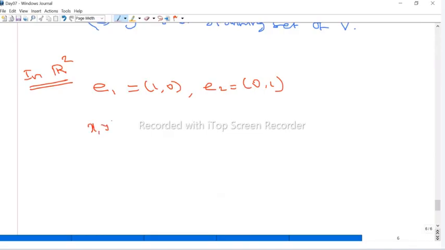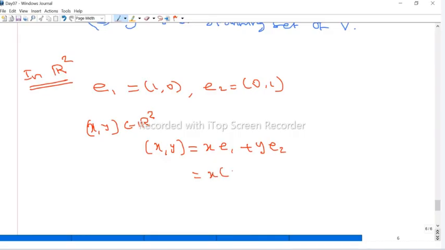That means if we take any element (x, y) in R2, we can write (x, y) as a linear combination of e1, e2. That is, (x, y) equals x times e1 plus y times e2.